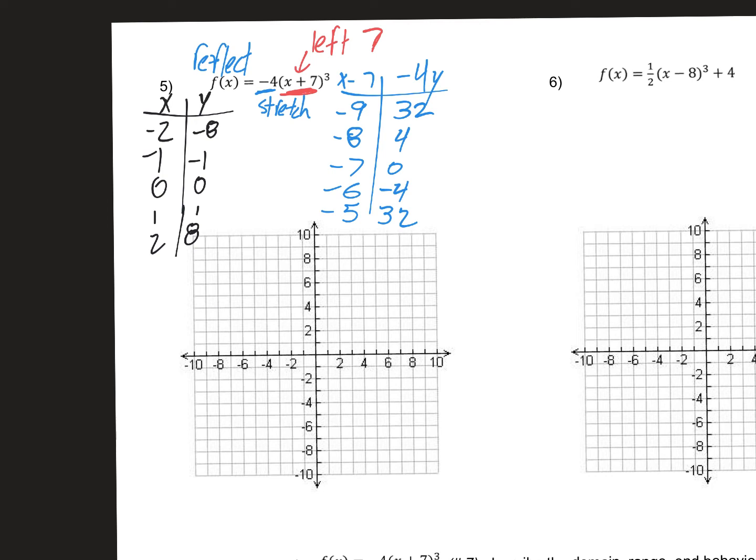So we got -8, 4, -7, 0, -6, -4, and -5, 32 again, sticking off. So you can kind of imagine, like, hey, this is kind of going way down, and this one's going way up, okay? So you can see still kind of the same shape. It's just been stretched out, so the curve isn't super visible, okay? Once again, guys, pause, make sure that you have this graph down, and then we can look at that last bit.